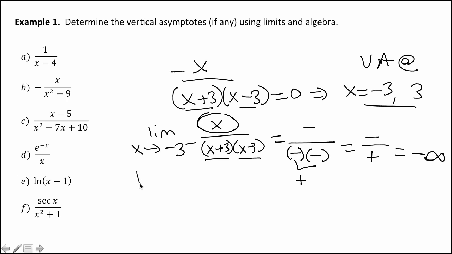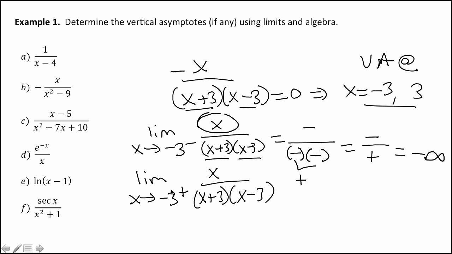Okay, so if you do this same approach, but from the right side, you're going to plug in a number just to the right of negative 3, like negative 2, for instance. If you plug in negative 2 into the numerator, we're going to get negative. If you plug in negative 2 into x plus 3, you're going to get a positive. If you plug in negative 2 into x minus 3, you're going to get a negative.